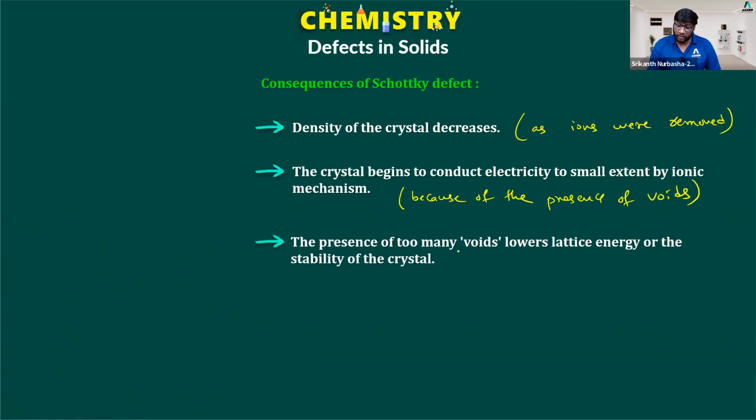The presence of too many voids lowers the lattice energy or stability of the crystal. Obviously, if a larger number of ions have been removed, then the crystal will be unstable.